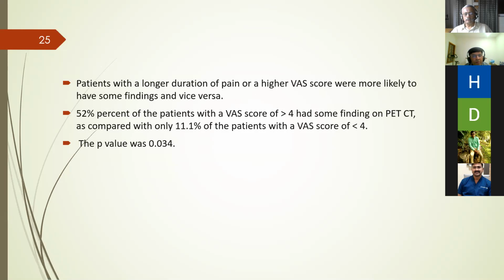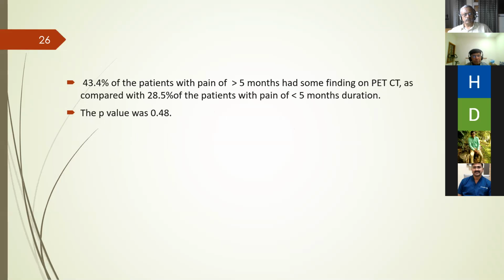In this study, they did a correlation between the longer duration of pain and the VAS score. 52% of the patients with a score of more than 4 had findings in the PET-CT, compared with 11.1% of the patients with a VAS score less than 4, with a p-value of 0.034.